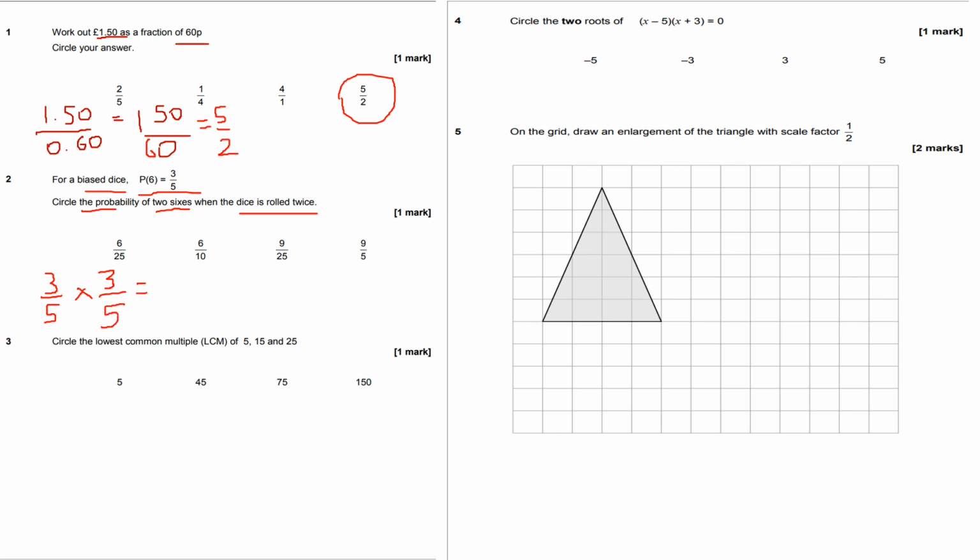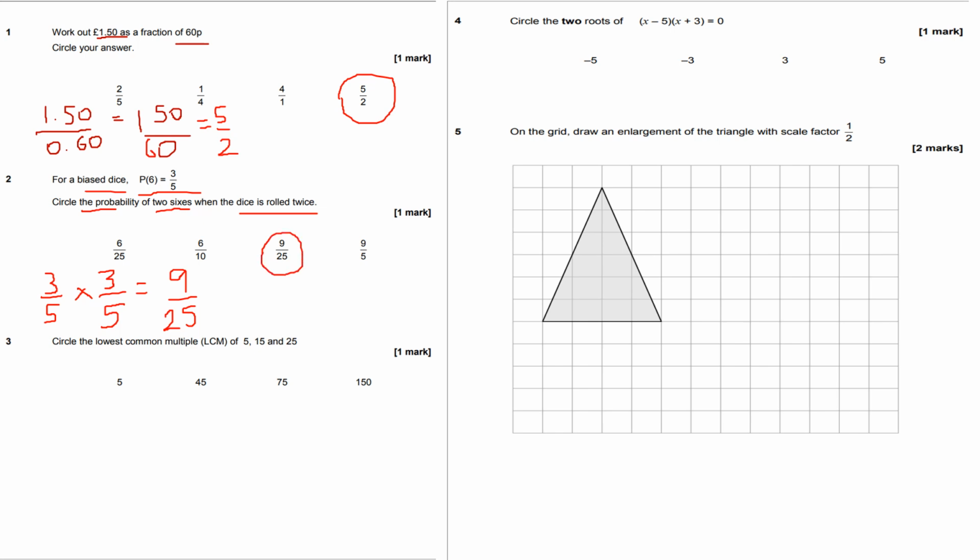So multiplying fractions, I multiply the numerators together and I multiply the denominators together. 3 times 3 is 9, and 5 times 5 is 25. So 9/25, which is going to be option number 3.